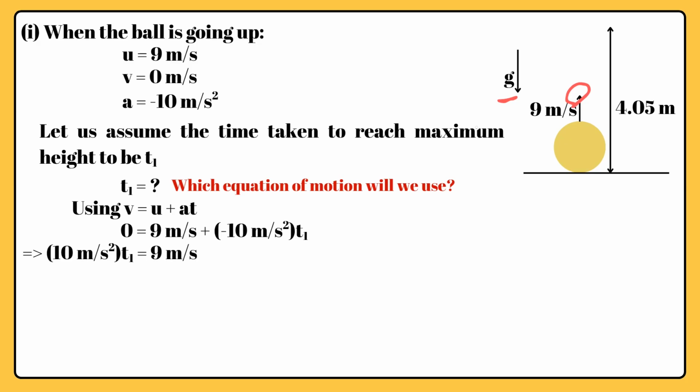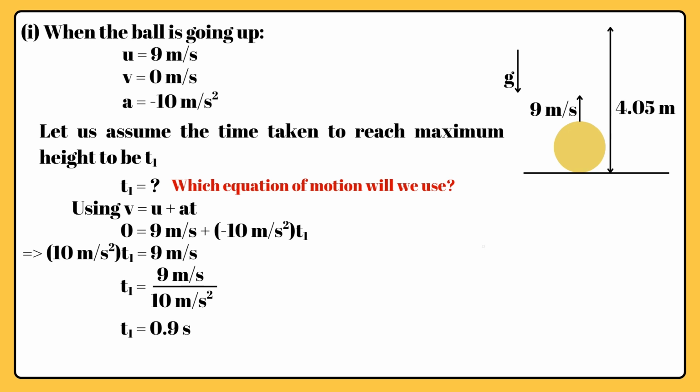If we keep only the 9 meters per second on the right side and send the other term to the left side, we get 10 meters per square second into t1 is equal to 9 meters per second. We can send the 10 meters per square second to the other side, which will give us t1 is equal to 9 meters per second divided by 10 meters per square second, which is equal to 0.9 seconds. So the ball takes 0.9 seconds to go up until 4.05 meters.